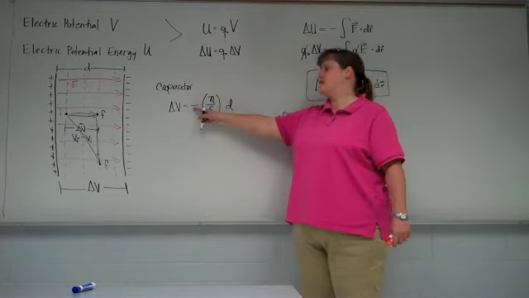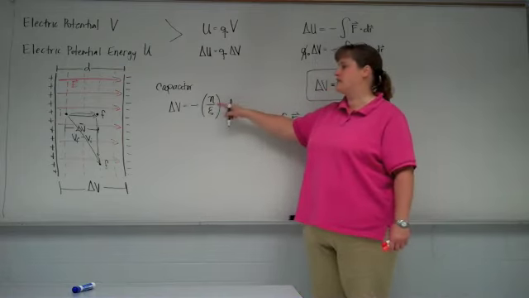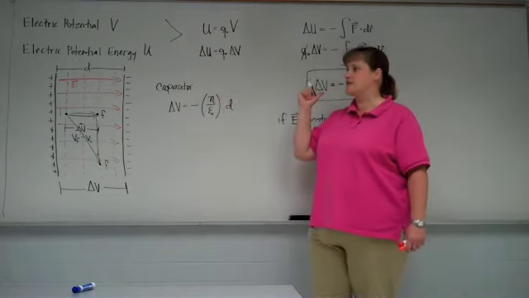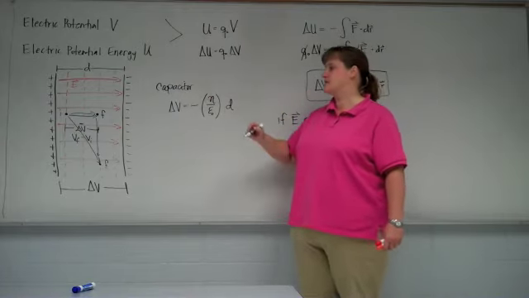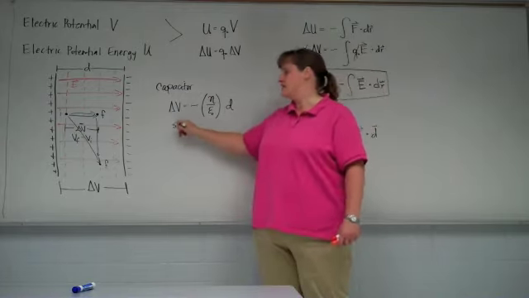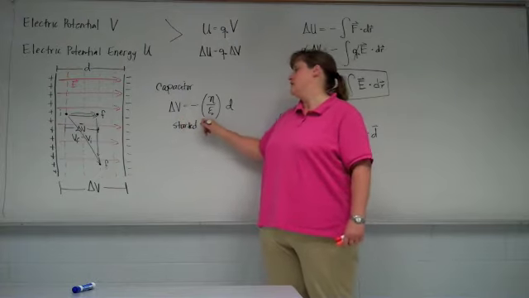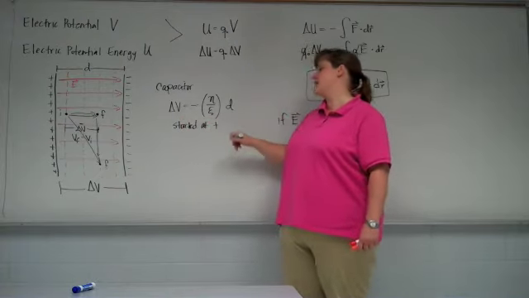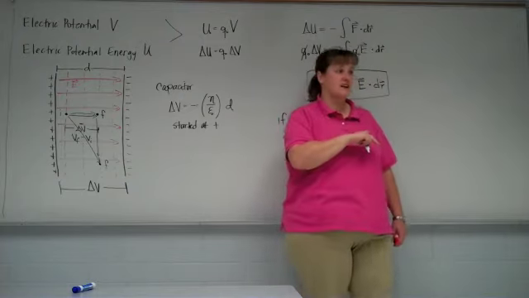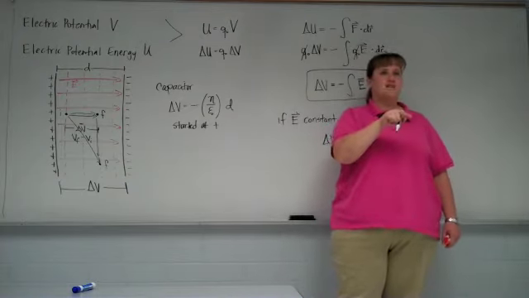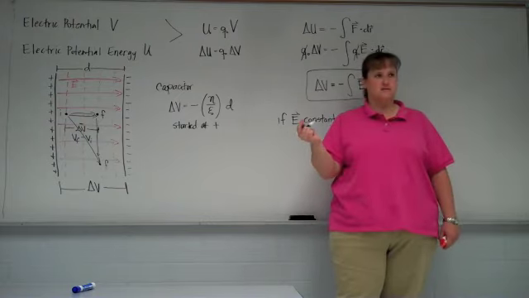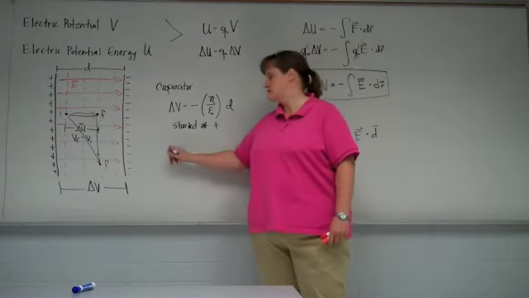This negative sign is only applicable if our electric field and our displacement are in the same direction. So the way we've drawn this assumes we started at the positive plate and ended at the negative plate. What if we had started at the negative plate and moved to the positive plate? It'd be positive.